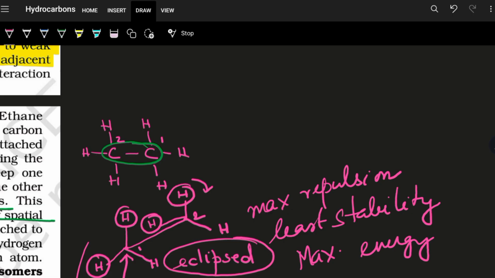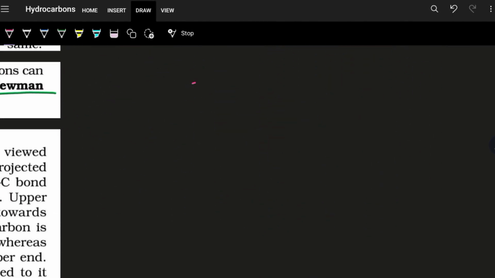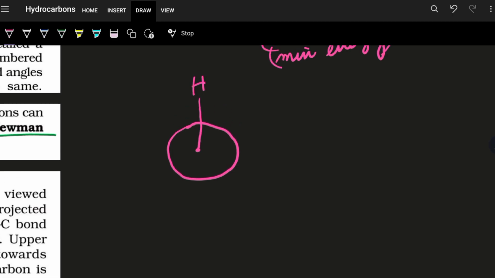Newman of eclipsed means, suppose this is the front carbon, located here. It has 3 hydrogens like this. This is 1, this is 2, this is the other, and the 4th bond with the other carbon is just behind this pair and is not seen.